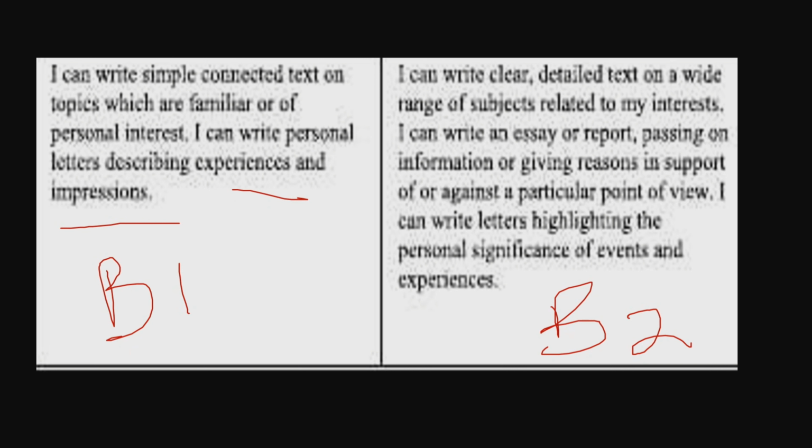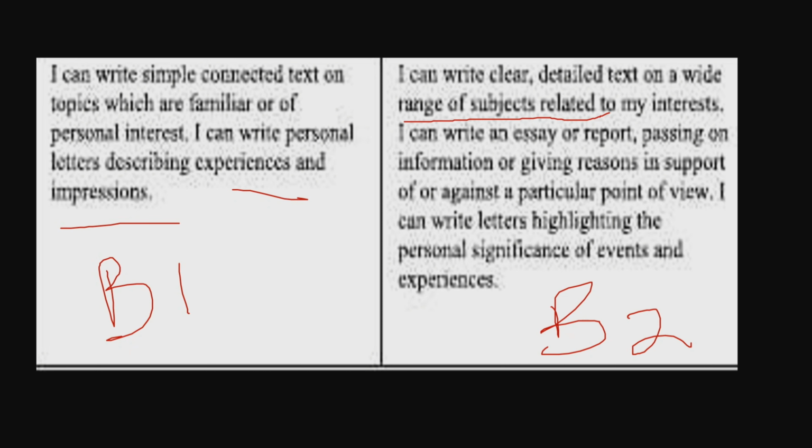Similarly, if you review level B2, such a person can write clear detailed text on a wide range of subjects. So the difference is such a person can write on a wide range of subjects related to his or her interests. I can write an essay or report passing on information or giving reasons in support of or against a particular point of view.